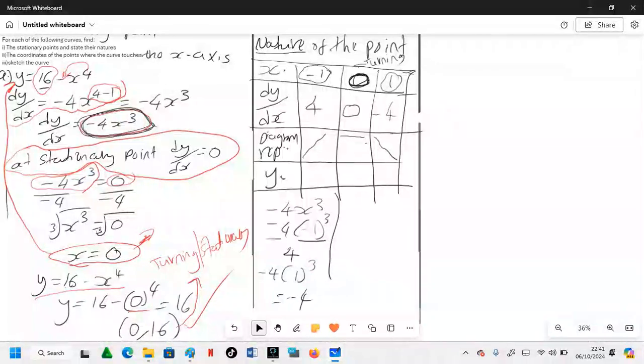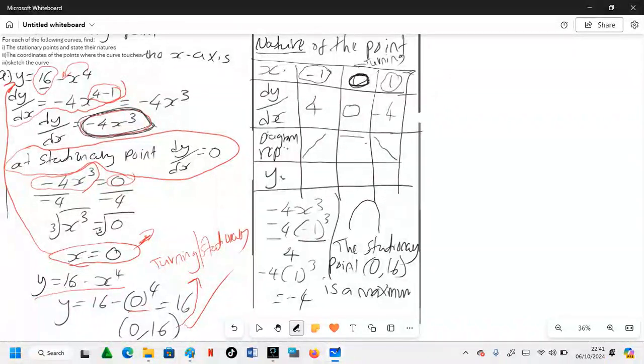Now we know the moment it looks like this, the nature is a maximum. So the stationary point 0, 16 is a maximum point. For sketching, we will go to the last bit of it.